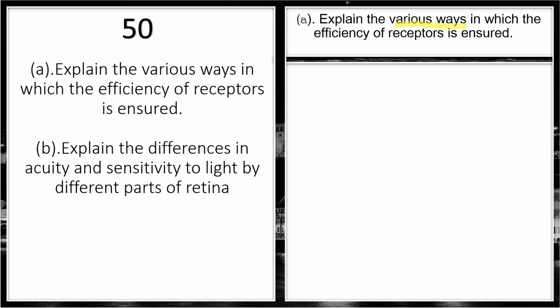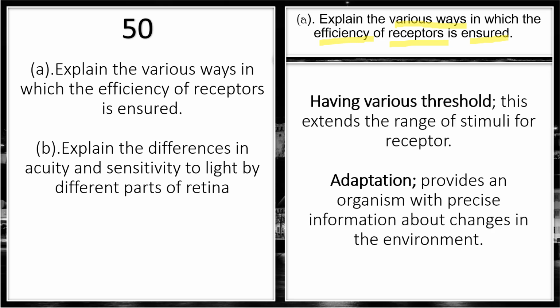Explain the various ways in which the efficiency of receptors is ensured. Having various thresholds. This extends the range of stimuli for receptors.